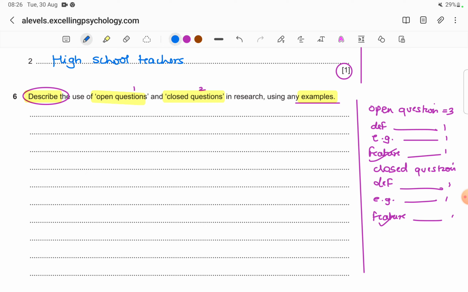Like I told you, the only thing is not to overlook examples, and not to present only definitions or a very generic answer. Make it specific by giving examples. Also, before I begin, do not confuse open and closed questions. In your mind, be very clear on the difference before you begin to answer. I'm starting with the answer.